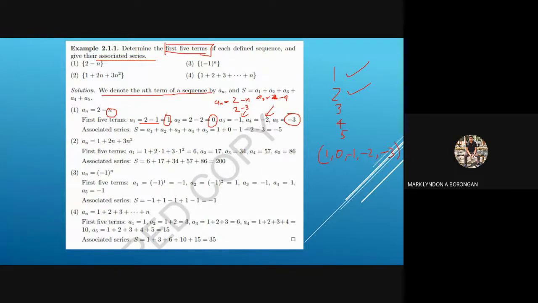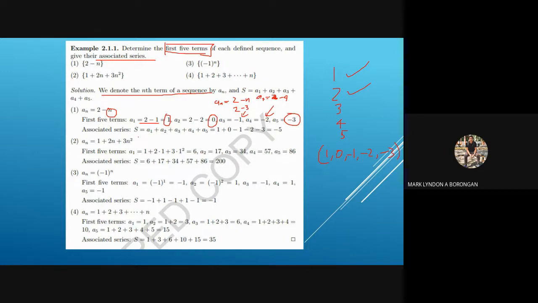Now, to get the associated series, all you have to do is perform the indicated operations. We just follow their signs. If there is no negative, like a subtraction, we will add them. So, to get the associated series, all you have to do is add the 5 terms.